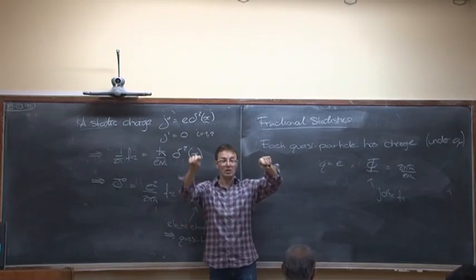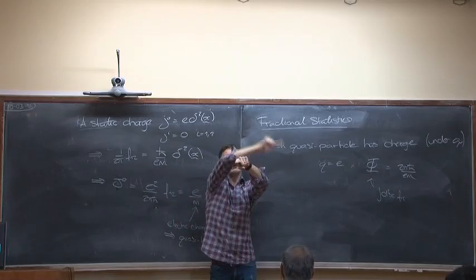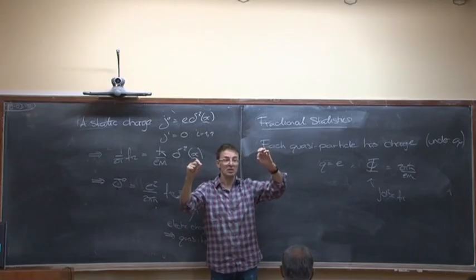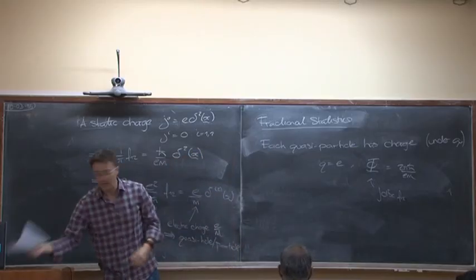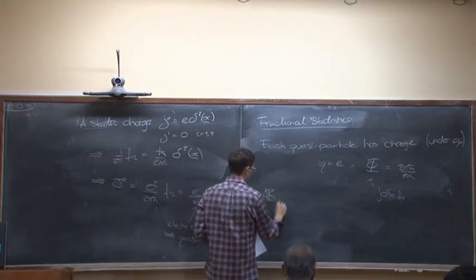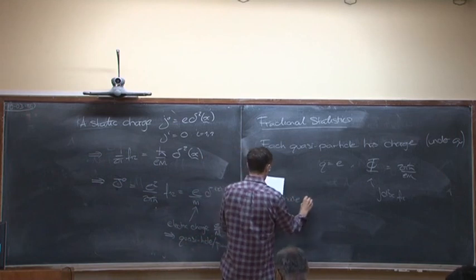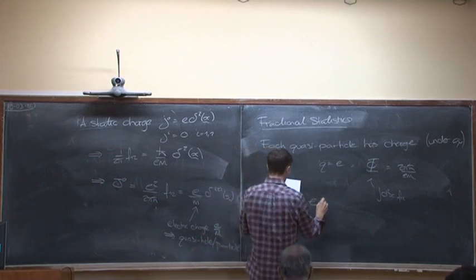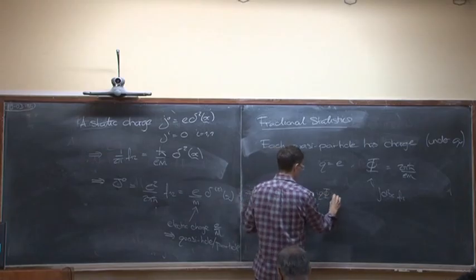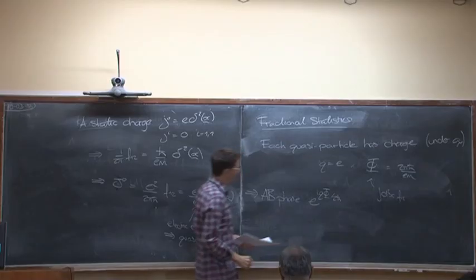You have one particle here, another particle here. This particle moves around this one and it's going to pick up an Aharonov-Bohm phase because it's encircling the flux. And the Aharonov-Bohm phase is e to the i q of the particle phi divided by 2 h bar.